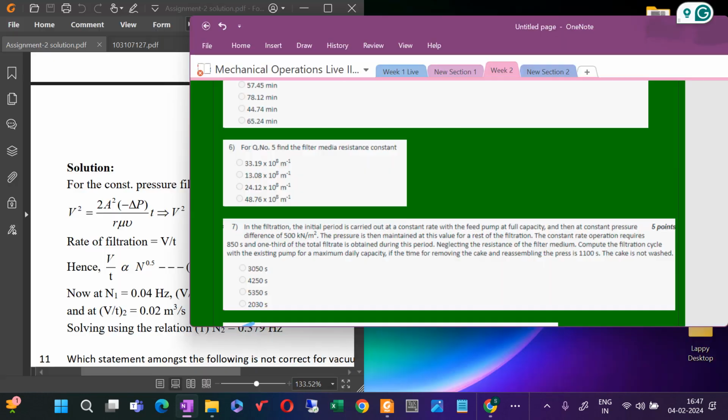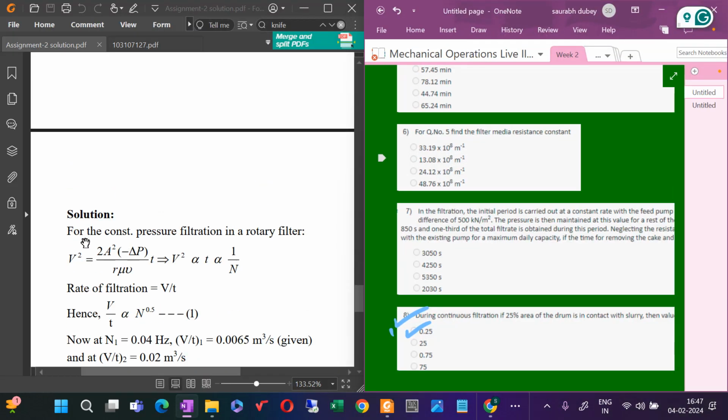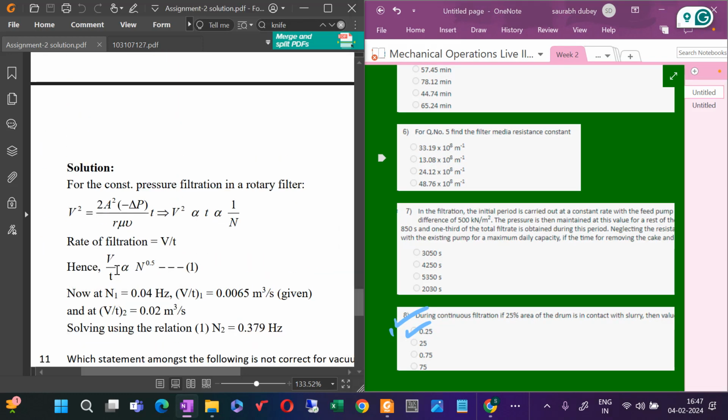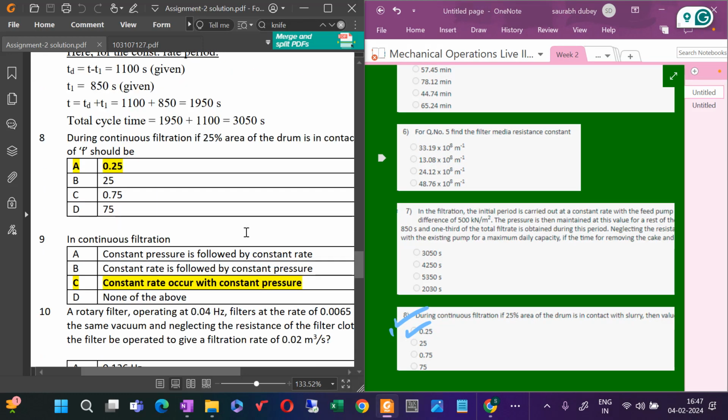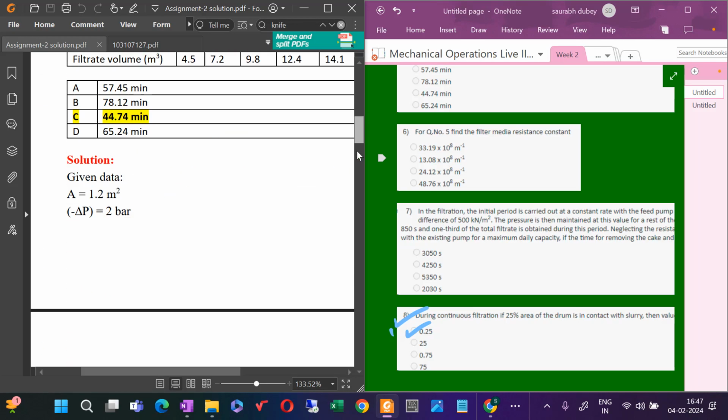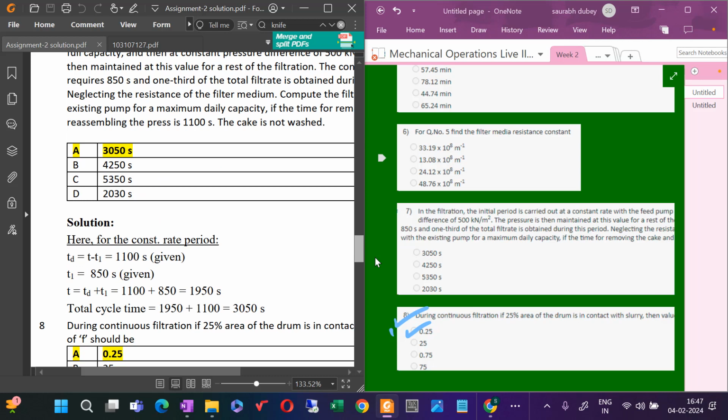So that concept will be used here. So again this will be solved in a way like this. Let me just show you. Here, this 1100 is the total time minus t1.